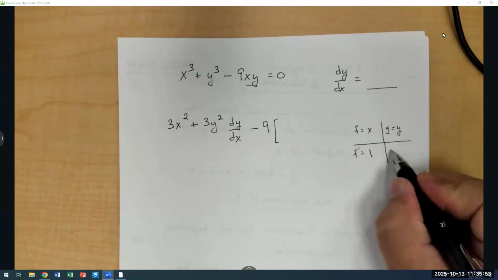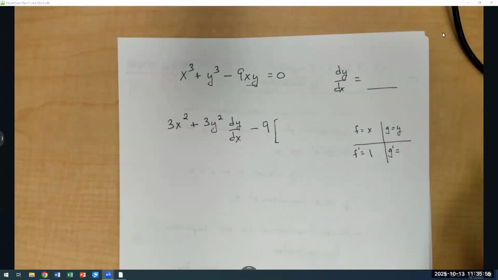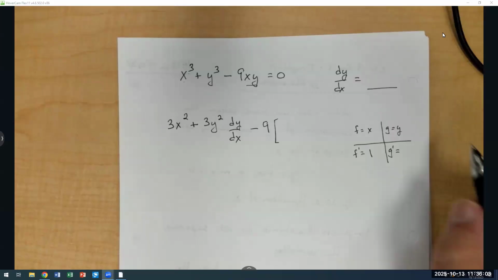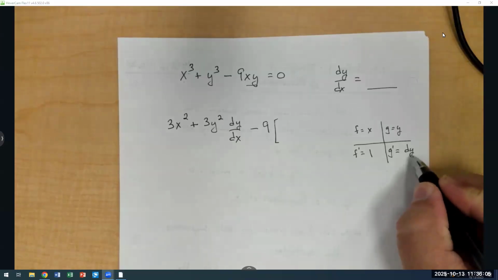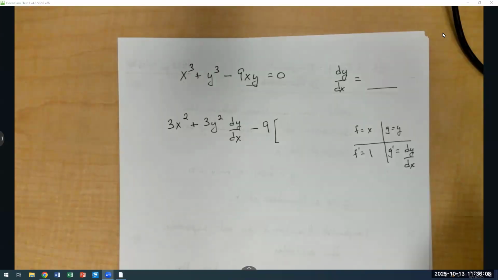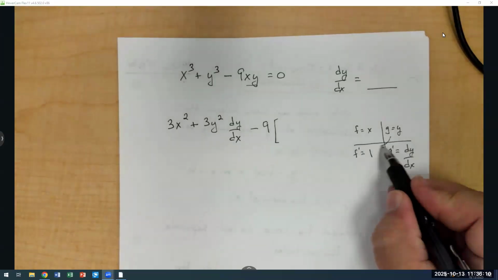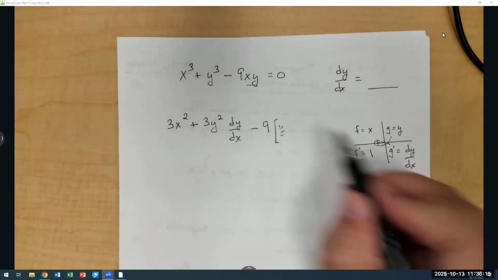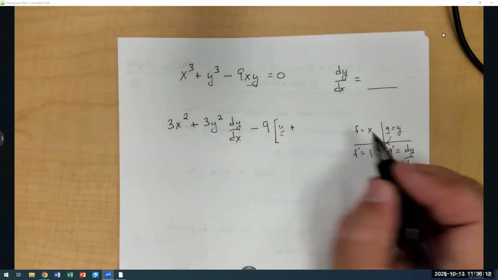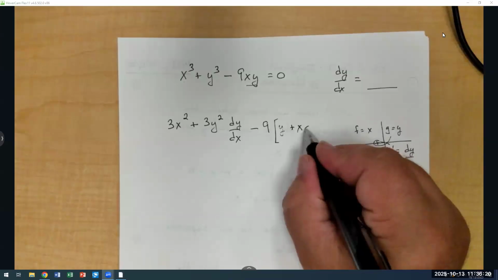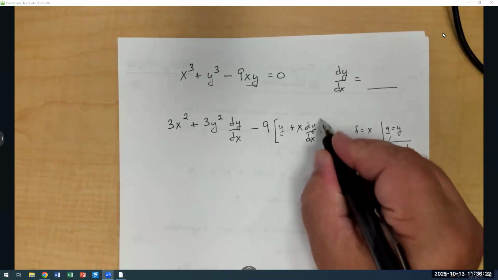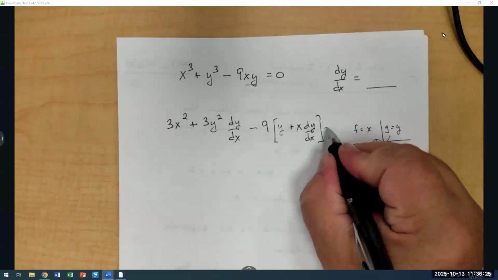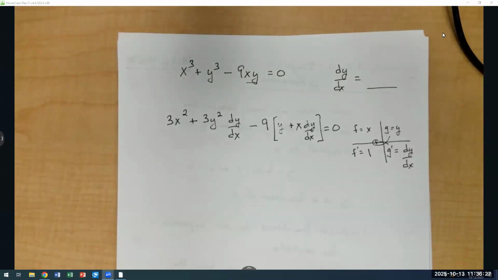The derivative of y is what? dy dx. Very good. So since it's the product rule, we add. So we have y plus x dy dx equals 0. The derivative of 0 is still 0.